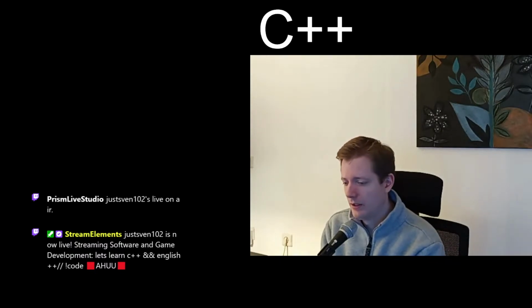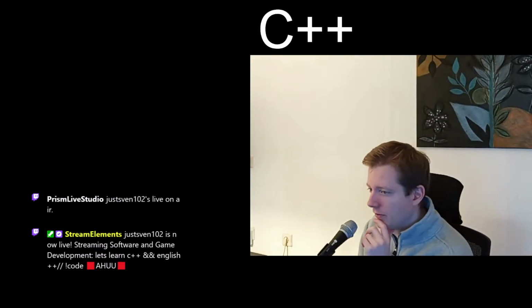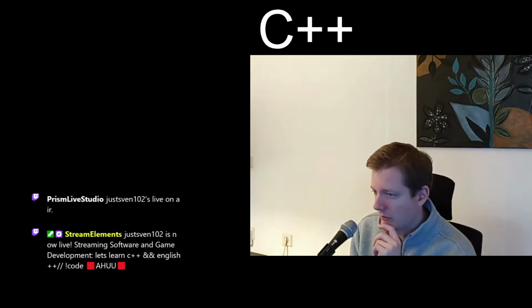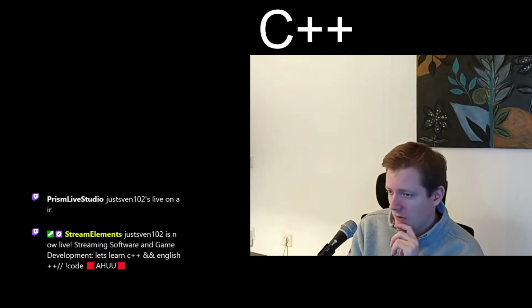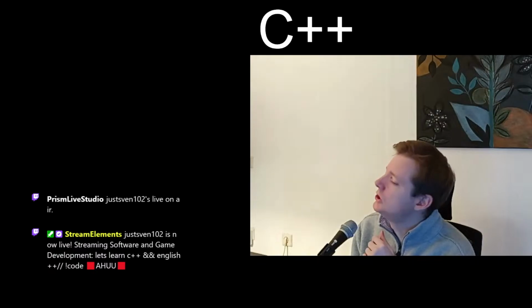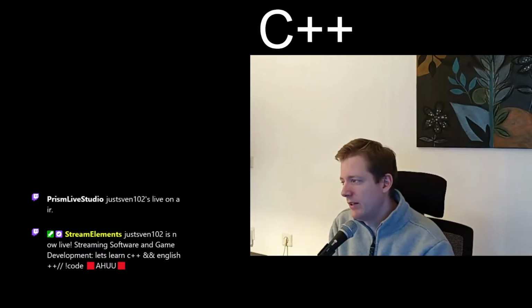So let's see. The choice between std array and std vector depends on your specification, requirements, and constraints. Both containers have their advantages and trade-offs, so you should consider the following factors: size, fixed size versus dynamic size. Okay, interesting. So it is how I said it.